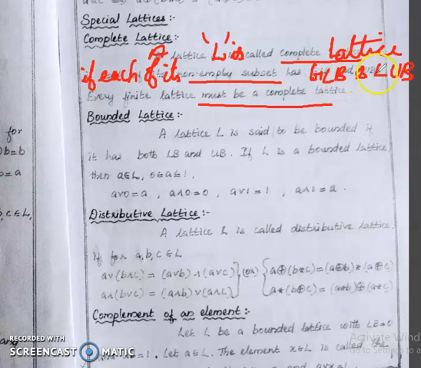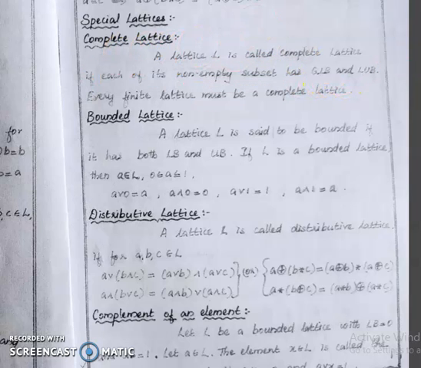If a lattice L contains a greatest lower bound and a least upper bound for its non-empty subsets, then we say it is a complete lattice.